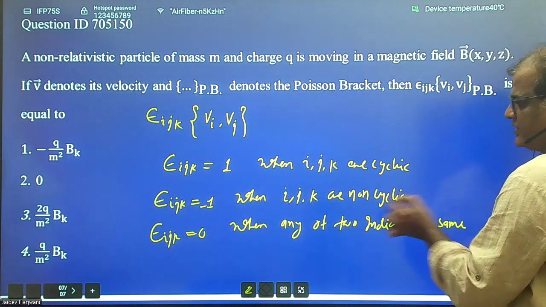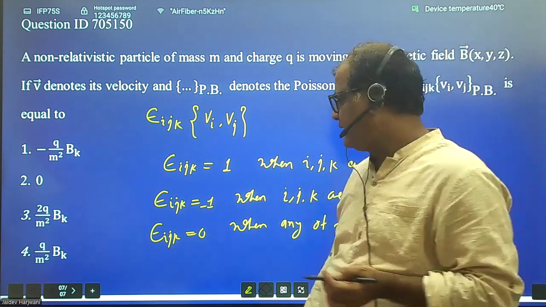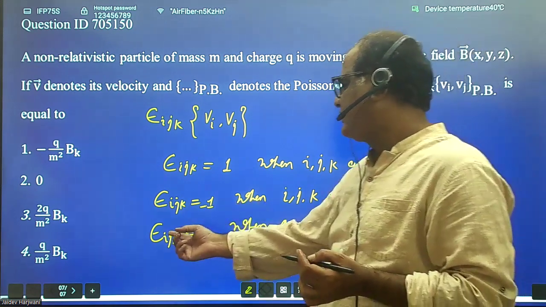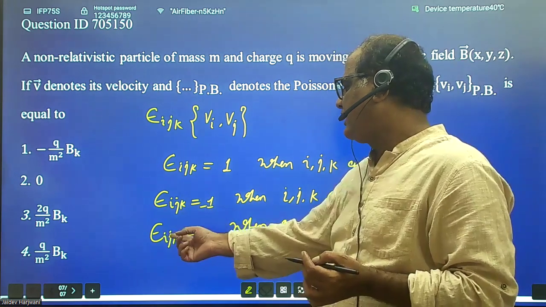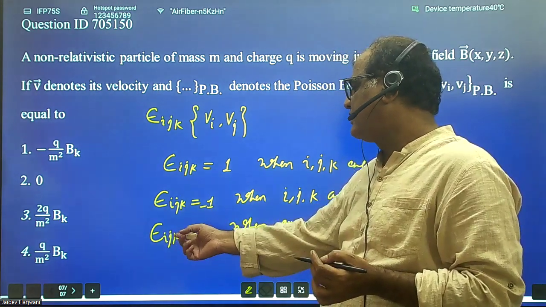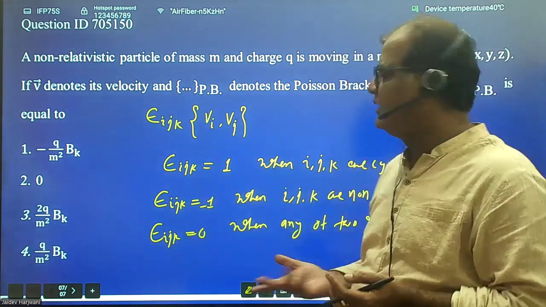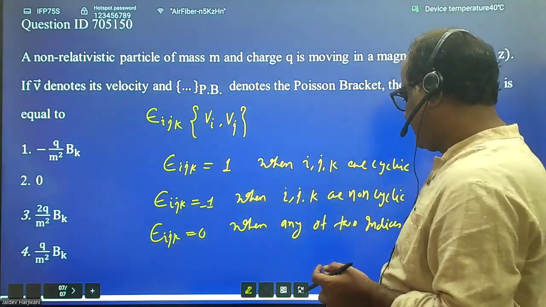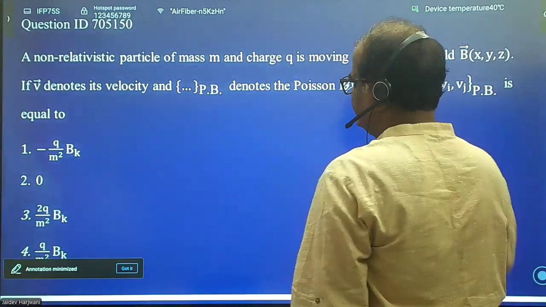If any two indices of ijk are the same, like epsilon iik, epsilon jjk, or kk, if any two indices become the same, then its value becomes 0. Okay, so let us now calculate it.